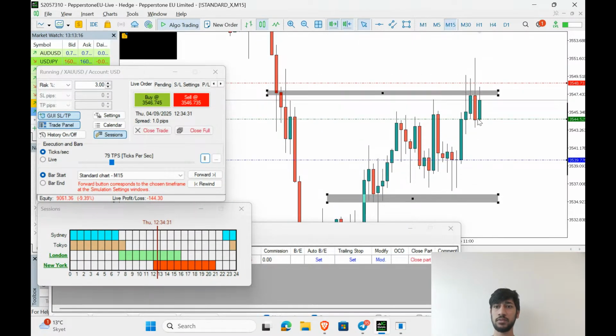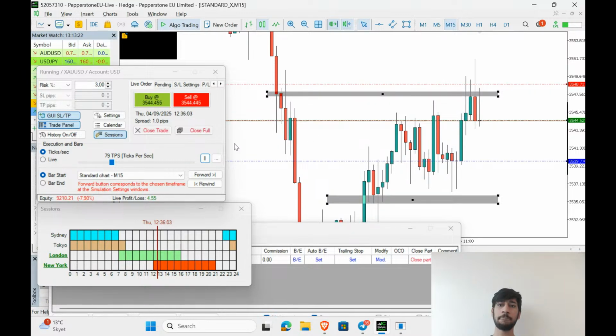M15 just closed below this. I mean, what's the probability this candle will come down? Um, 38.